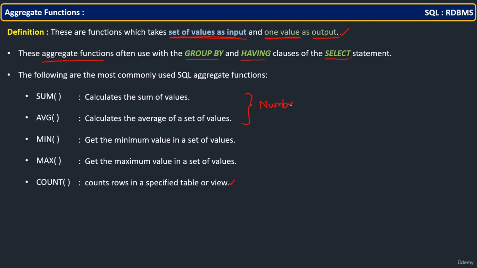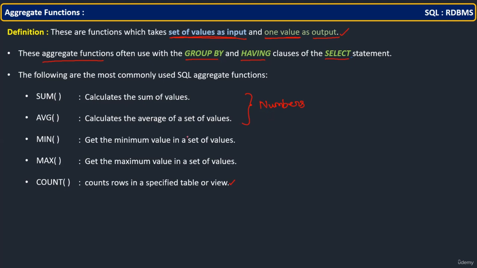Because we have many different data types, right? Is it possible to apply them on any data type? That is not possible. You cannot sum A plus B. If it is a character type, you cannot sum them. If they are numbers, then only you can sum them or average them. That is the reason these two aggregate functions always work on numbers.